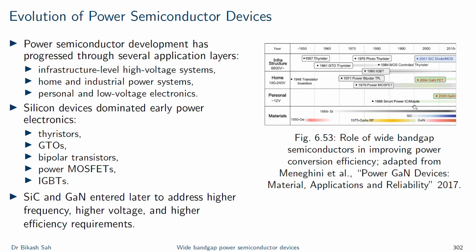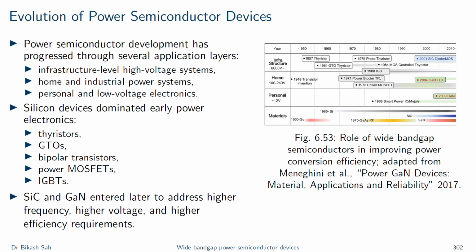Each technology emerged because an application demanded a new balance between blocking voltage, current carrying capability, controllability, switching speed, and cost. Thyristors usually served very high power but were very limited in control.